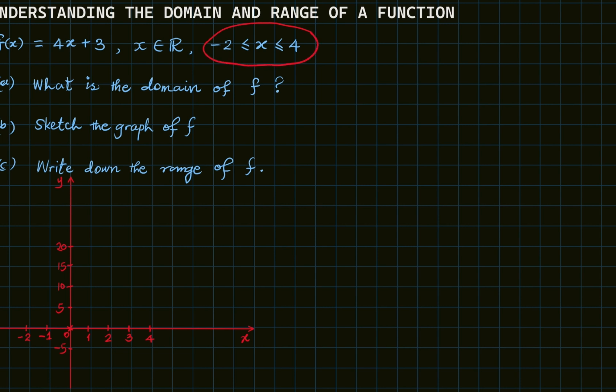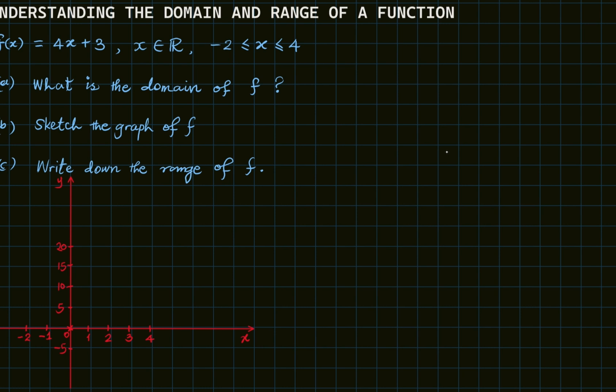allowed. So, for this particular question, we have been restricted to just x's between -2 and 4, and this is exactly our domain. If we were not given this, then we would have used this larger set as our domain, but seeing as we've been restricted to -2 and 4, that will be our domain.